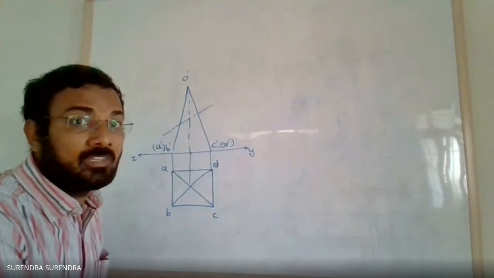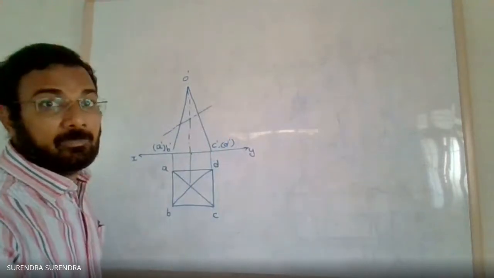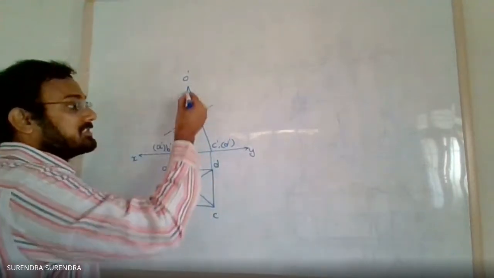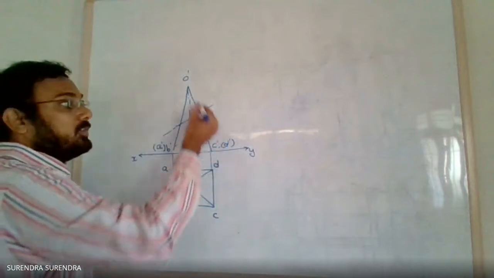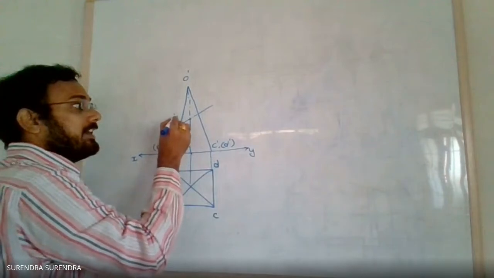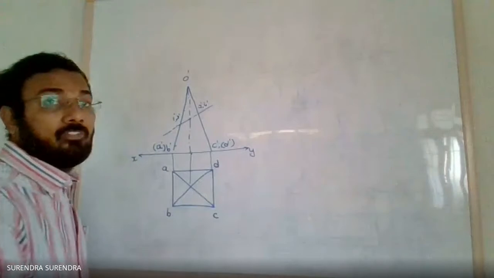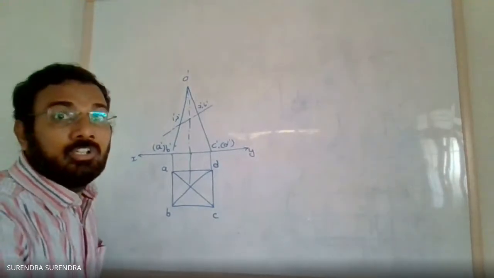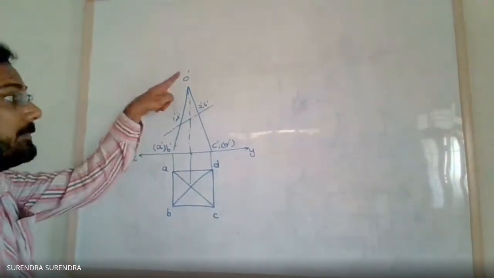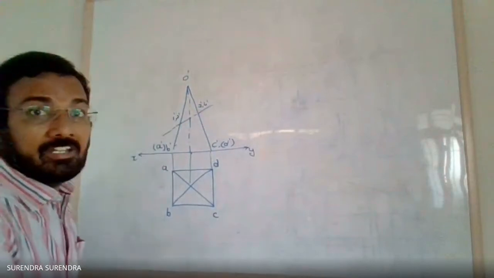Now, this cutting plane is passing through the slant edges AO, BO, CO, DO. There, these will be points 1 dash, 2 dash, 3 dash and 4 dash: 1 dash on the edge AO, 2 dash on BO, 3 dash on CO, 4 dash on DO.